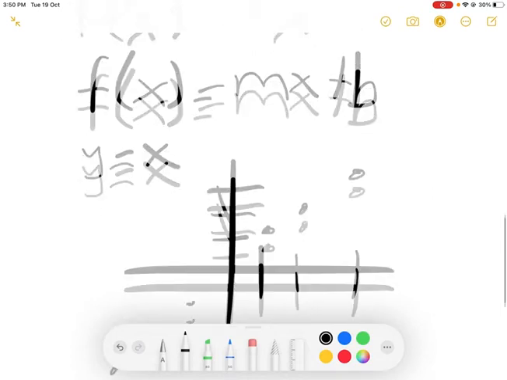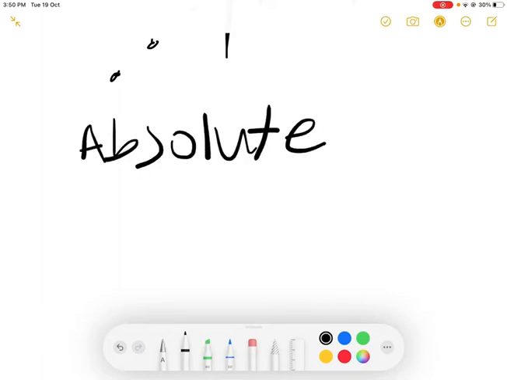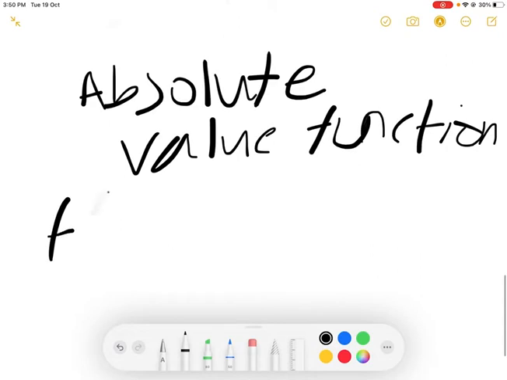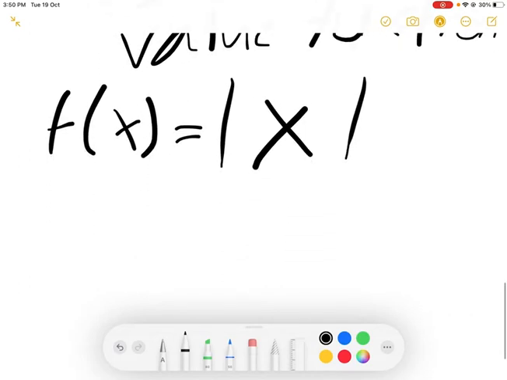That's mainly the identity function. Now to the more complicated ones, the absolute value function. Its equation has the absolute value sign, which means that if a number is negative, like -6, the absolute value of -6 is just 6.